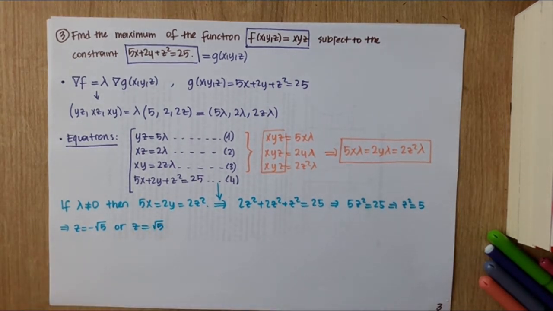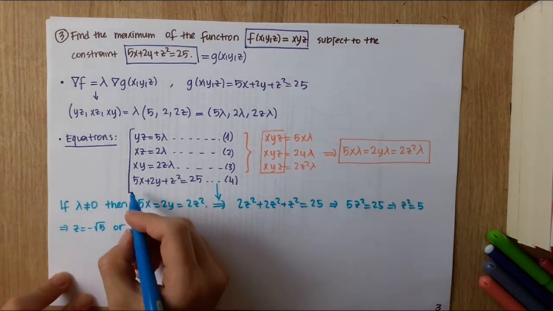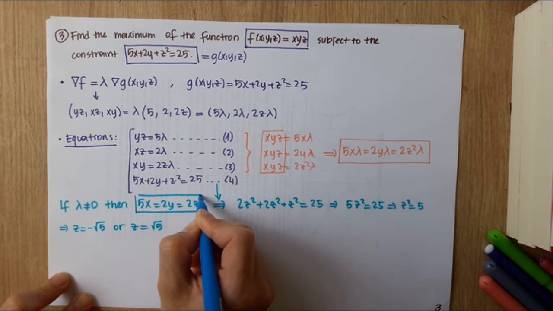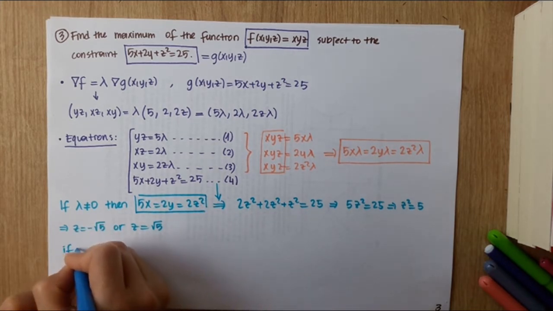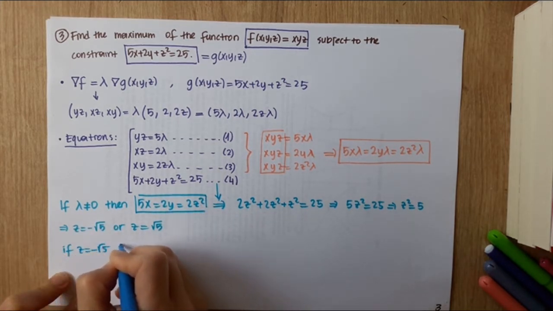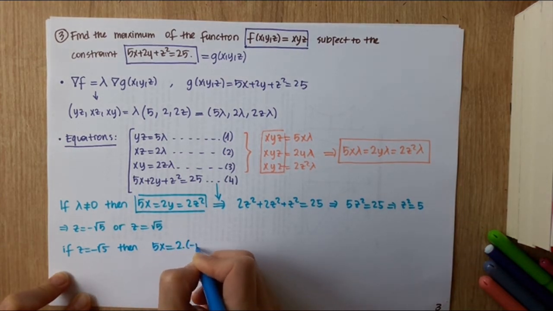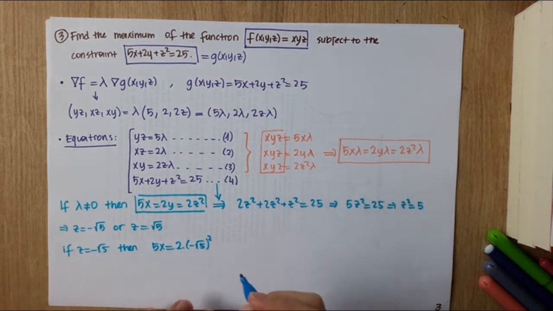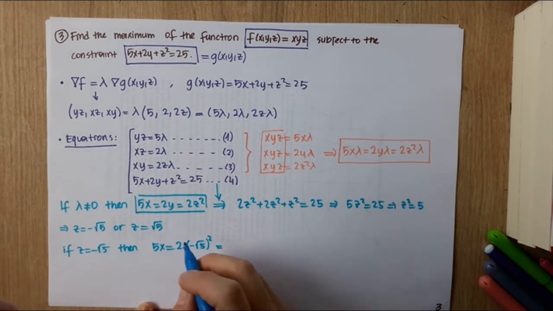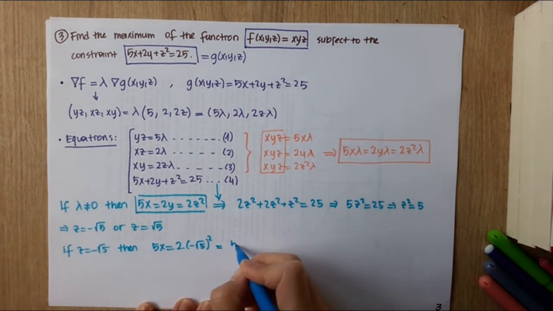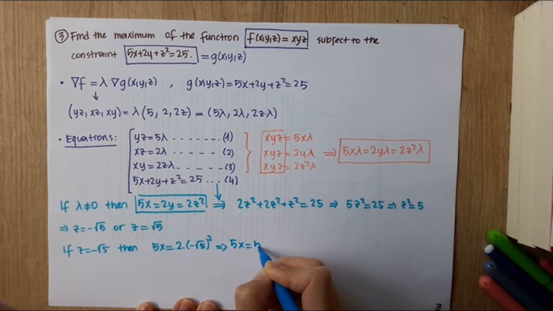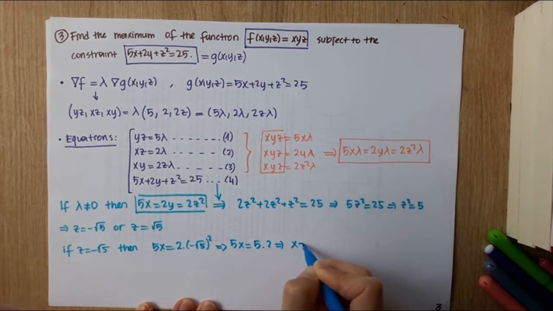Okay, so the points will be obtained using these equalities. If z is minus square root of 5, then 5x equals 2 times minus square root of 5 squared, which means I have 5x equals 5 times 2, so x is 2.